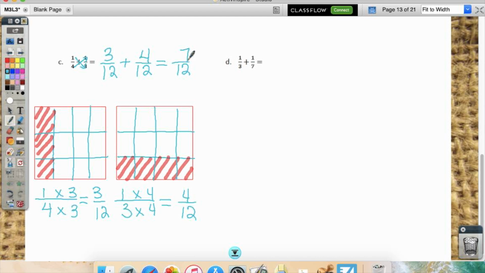And that gives me 7/12. 7 is a prime number, so unless the denominator is a multiple of 7, you can't simplify it. Okay, now what new rule did I make? If it's over 5, we're not drawing it. Okay? So this one we'll solve numerically.